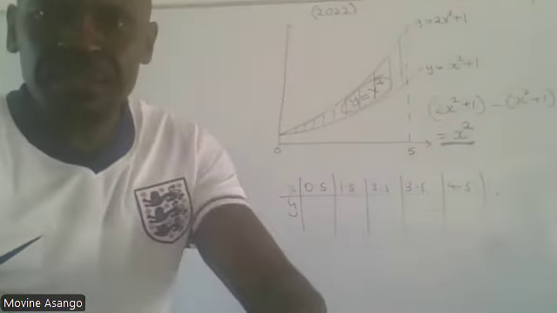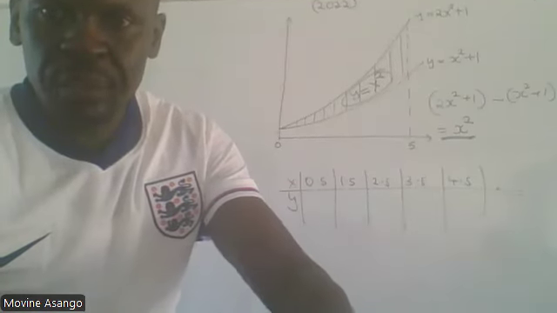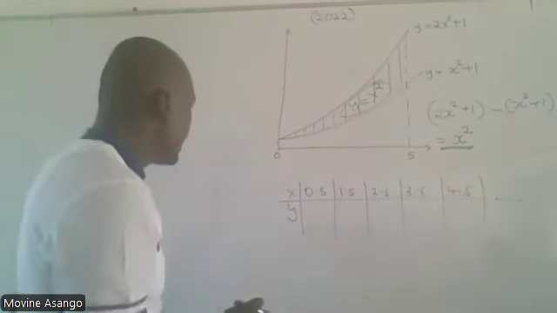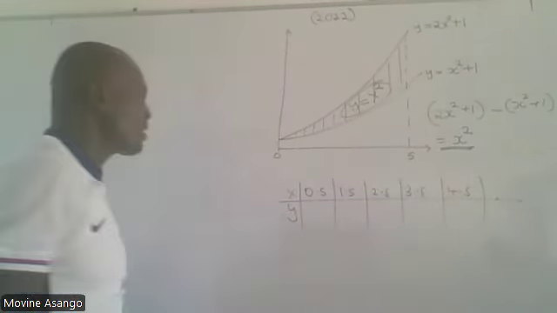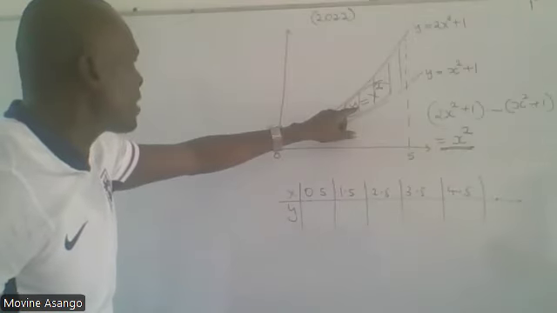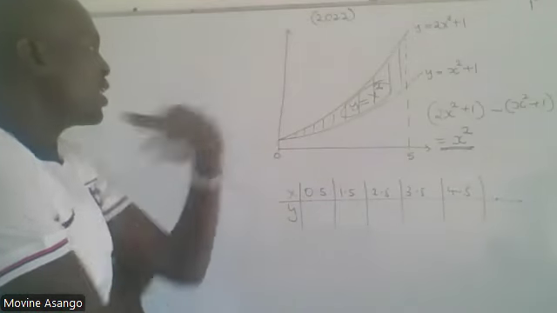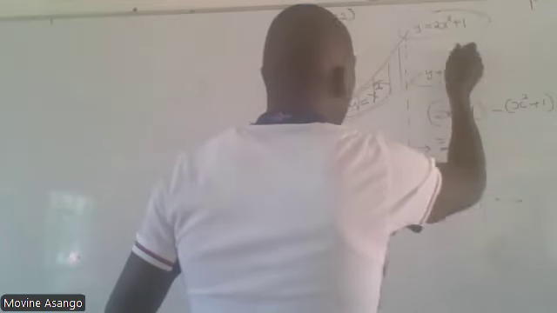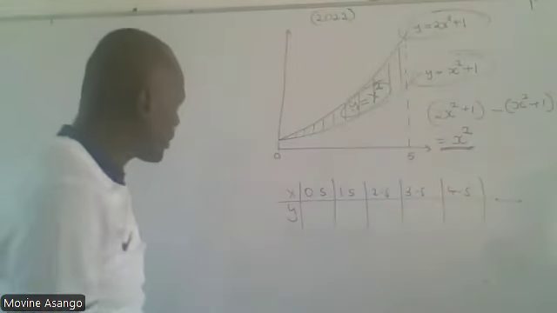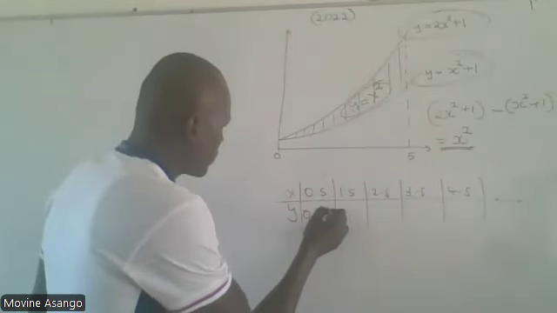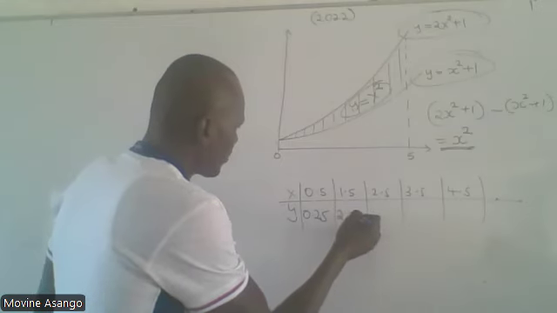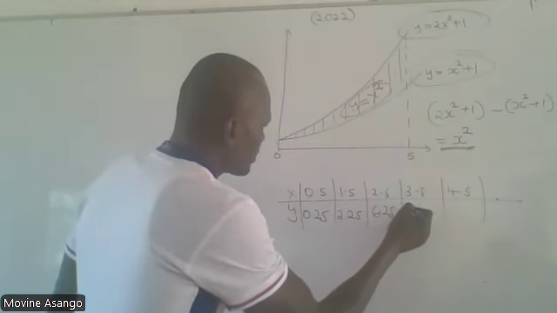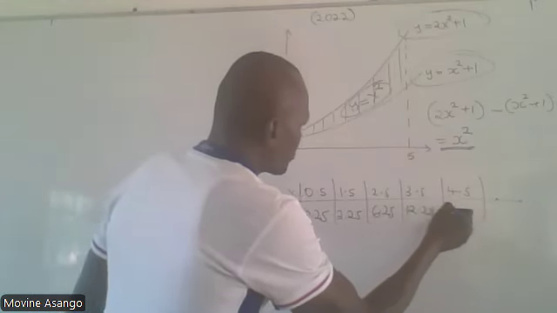So what was the expectation? The expectation now here is to get the corresponding values of y for which the function is y is equal to x squared. Where is x squared coming from? The difference between the upper and the lower. So we get 0.25, 1.5 squared, 2.25, 6.25, 12.25, 20.25.